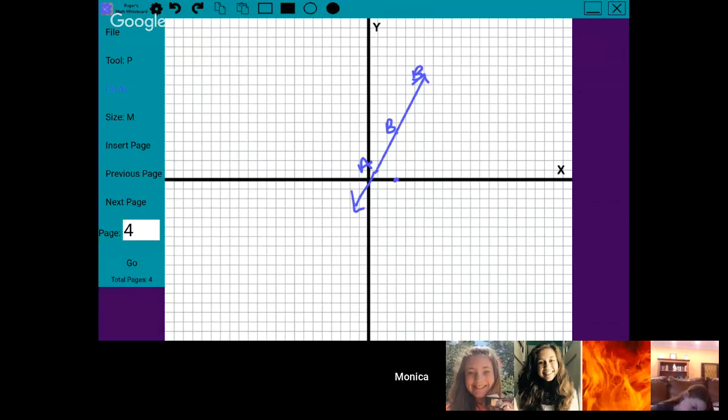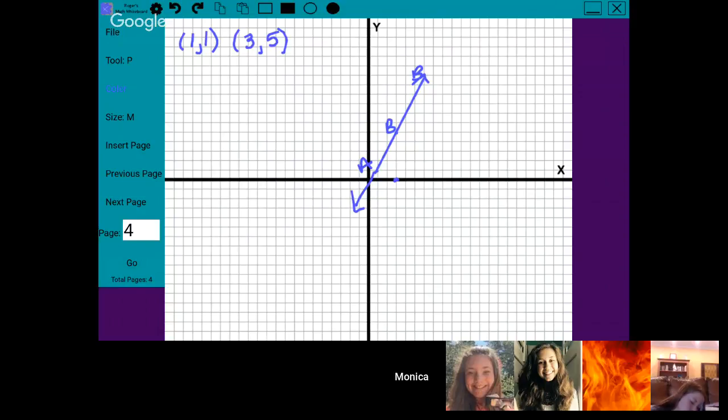So what's our coordinate for point A? All right, it's 1, 1. And then what's our coordinate for point B? Three, 5.